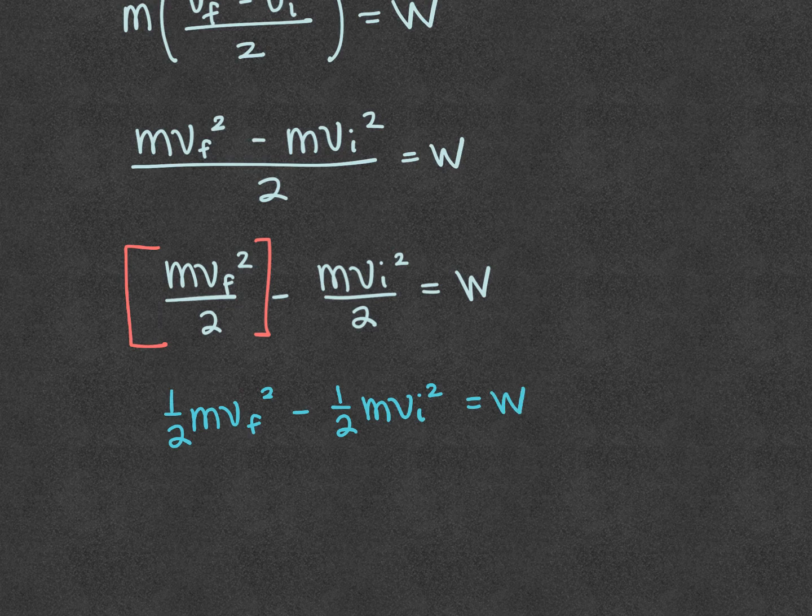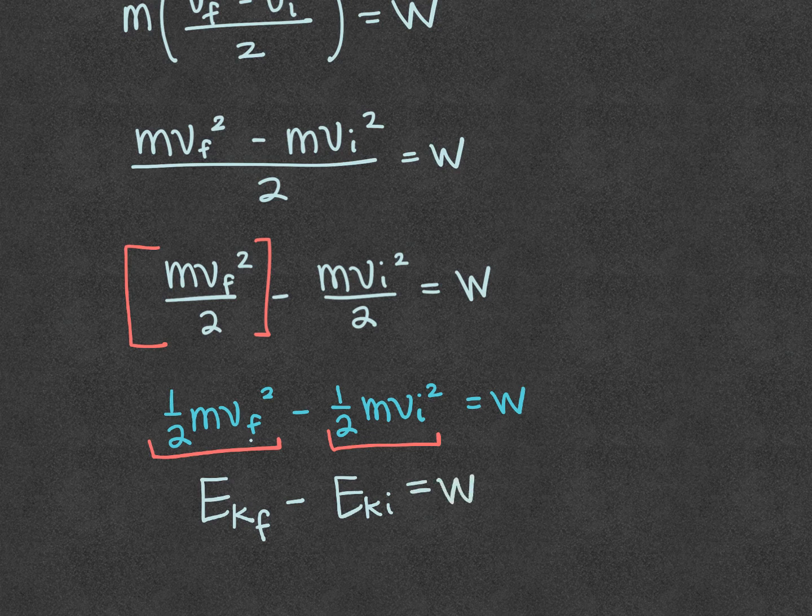Now, earlier we defined this 1/2 m v squared as being the kinetic energy, or the energy stored in the motion, and because it's a final velocity, it'll be our final kinetic energy, and then minus, this will be our initial kinetic energy, E_K initial, and that will equal the work done by this net force.